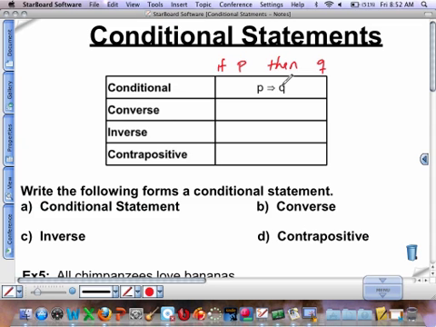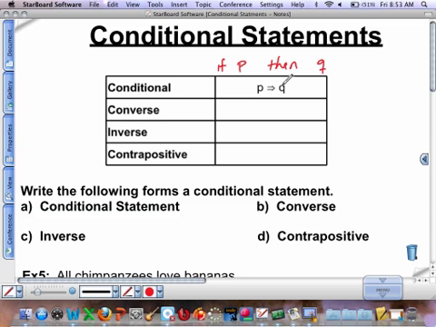So here we go. The converse: you're going to flip the conclusion with the hypothesis. So they're going to switch places. So how would you say that? If I'm switching my conclusion and my hypothesis, they're going to switch where they're written. Mason?